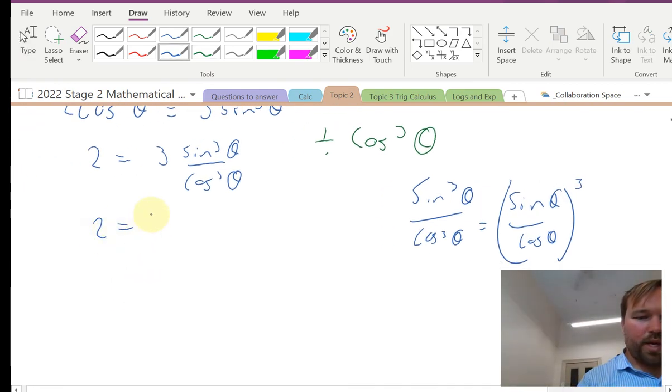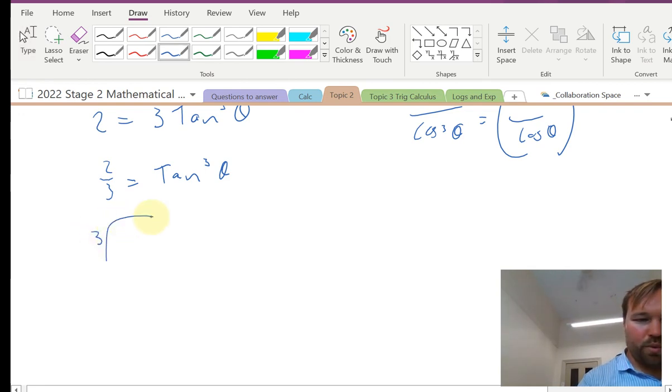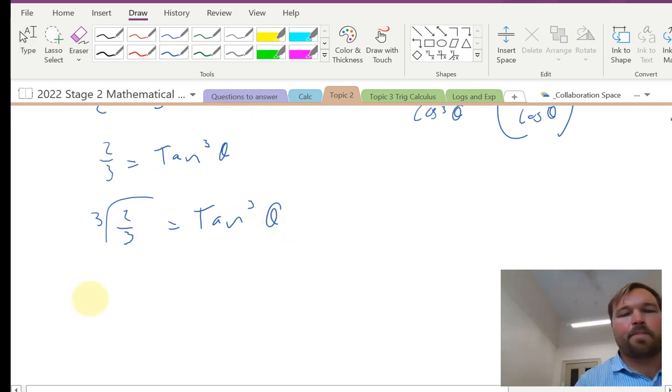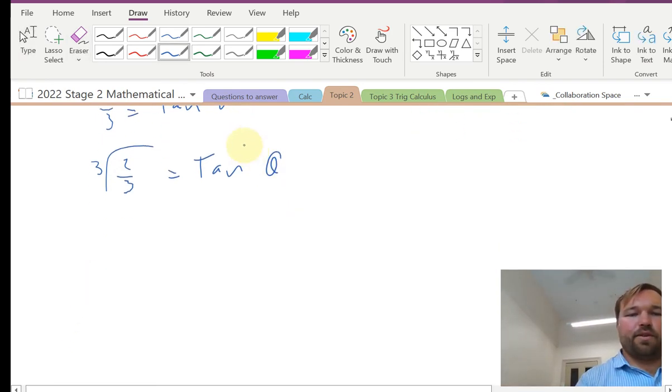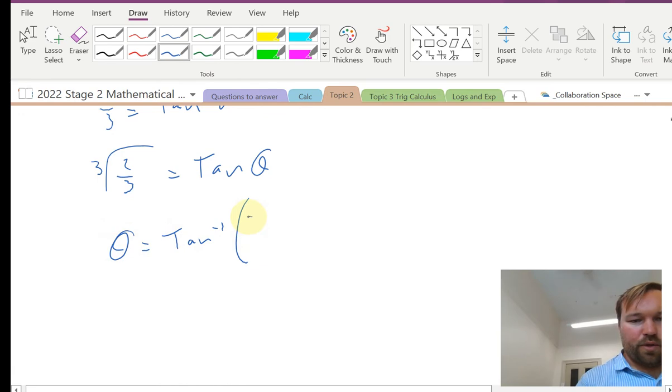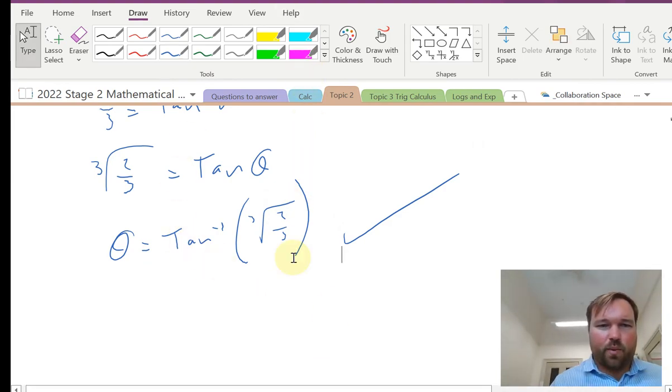So 2 equals 3 tan cubed theta. 2 over 3 equals tan cubed theta. Cube root both sides. The cube root of 2 on 3 equals tan theta. We don't need the cube anymore. Inverse tan: theta is the inverse tan of the cube root of 2 on 3. Tick. And we are done.